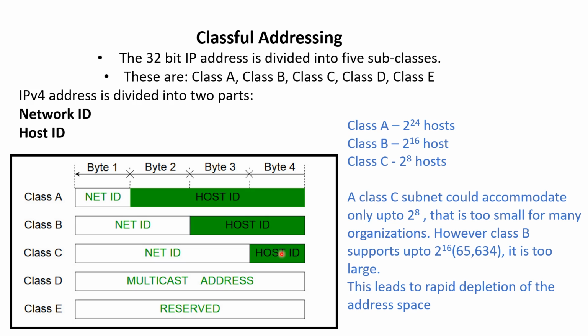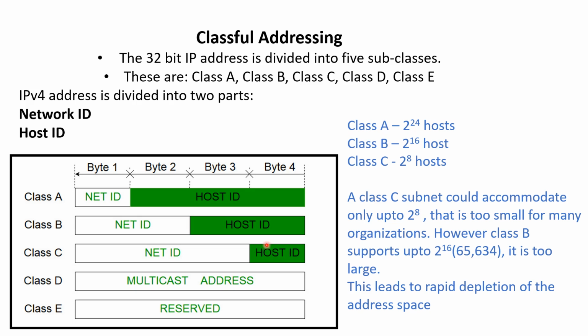Suppose we want to connect a number of hosts in between Class B and Class C, that is, in between 2 raised to 8 and 2 raised to 16. Suppose I want 2 raised to 9 or 2 raised to 10 machines. It is impossible for the network to support such a varying number of devices.